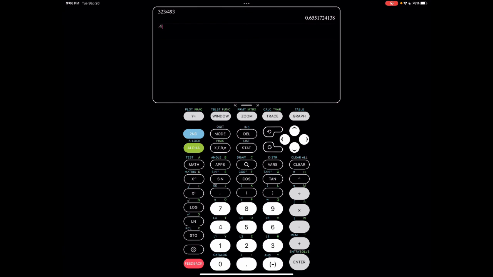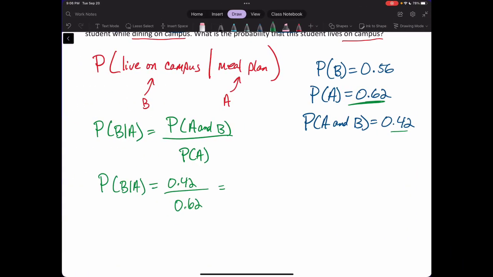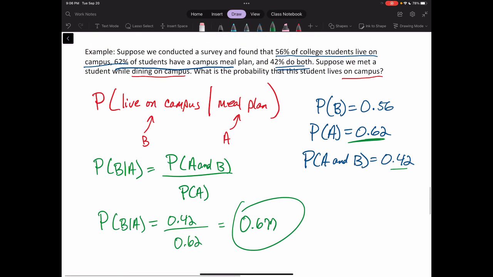We take 0.42 divided by 0.62. We get, to 3 decimal places, 0.677. So a 67.7% chance that the student that we just met lives on campus, given that they have a meal plan.